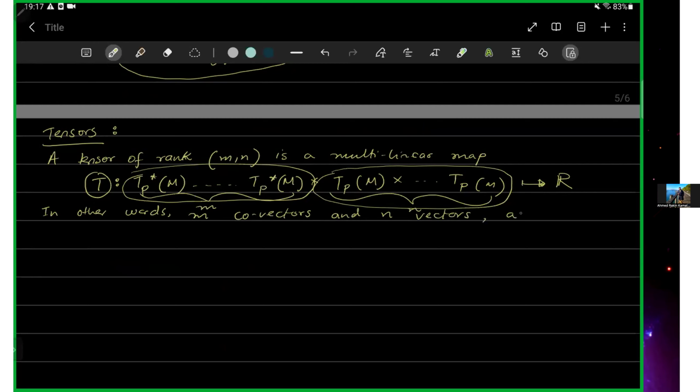We would get a tensor of type m and n, and it would produce a real number, because the mapping is on the real number space.